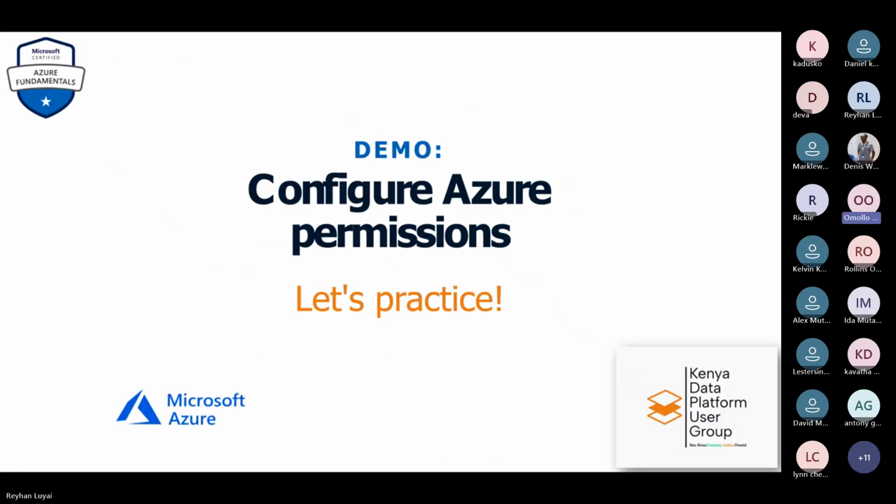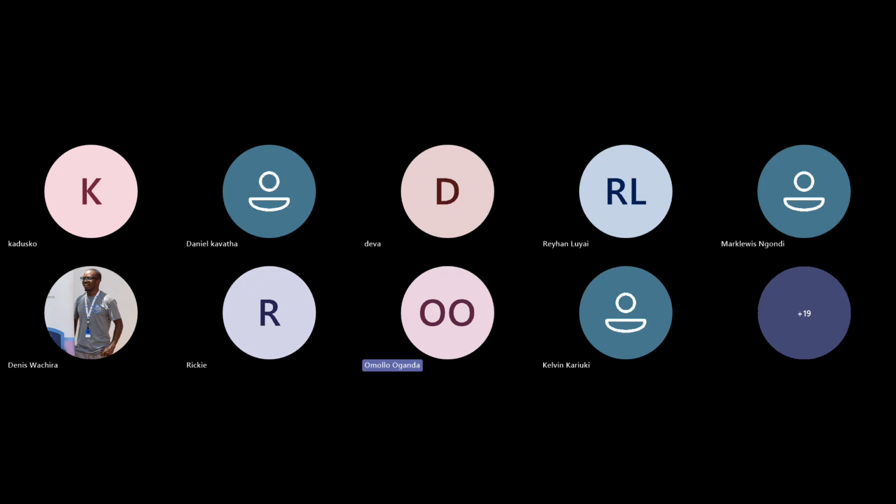Yeah, now demo, configuring Azure permissions. Let's practice. I hope it works because it was working. It will work. So just a minute. Yeah, I'll share my window. But that's all said.